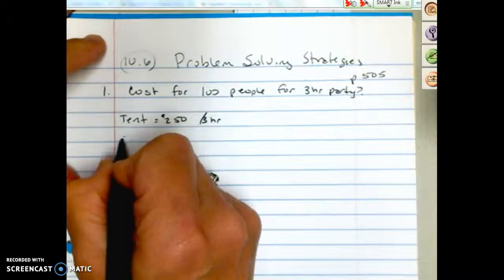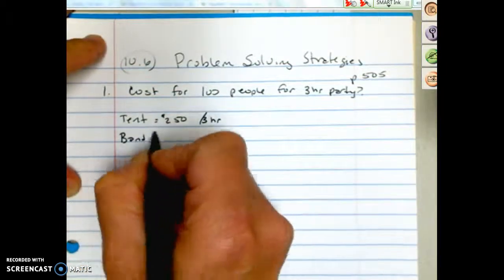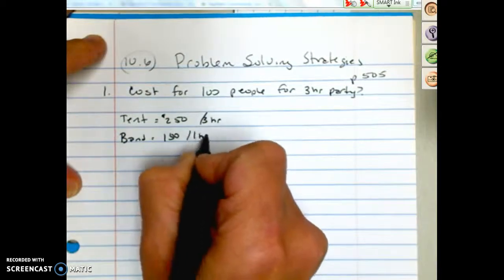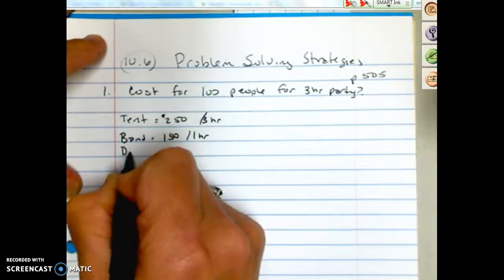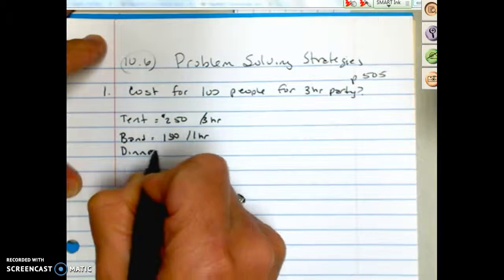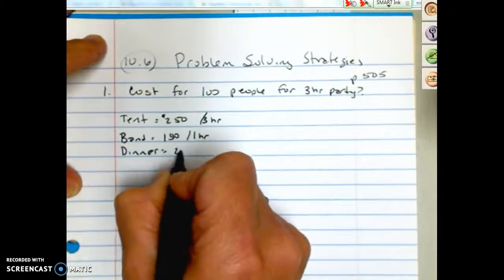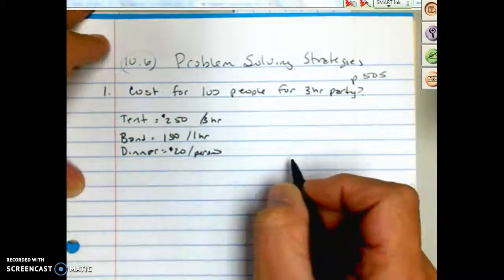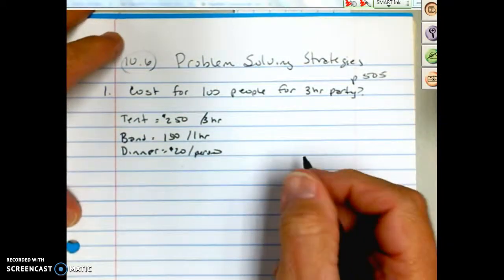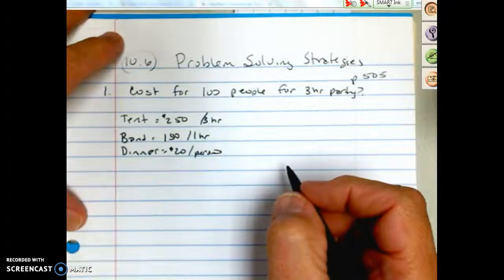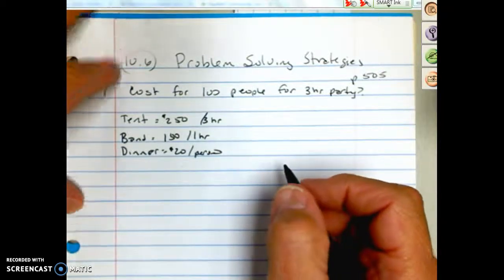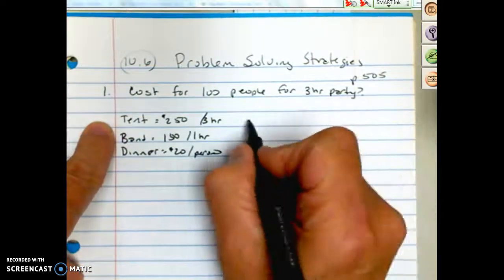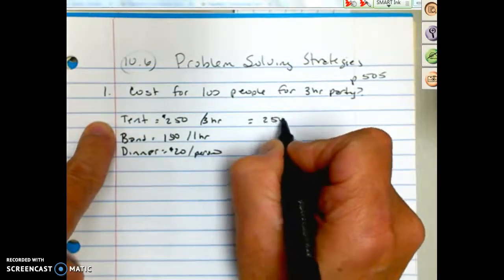We have a band that is going to cost $150 for 1 hour, and we have a dinner that is going to cost $20 per person, for every person. So we want to know the cost of our tent, band, and dinner. So for 100 people. So since it's a 3-hour party, our tent is going to be $250.